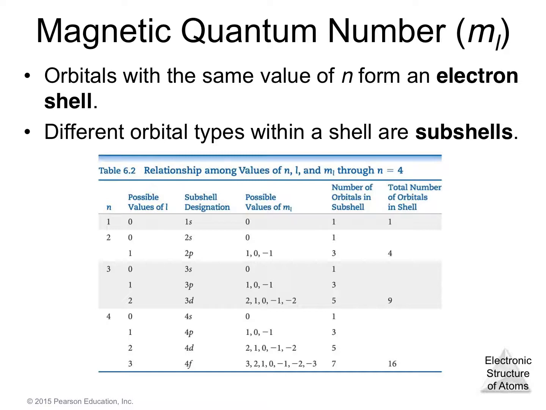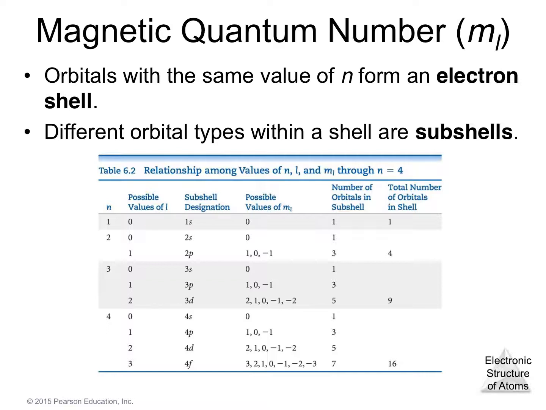M sub L, which is your magnetic quantum number, can go from -L to L. So if L is 0, M sub L must also be 0. If L is 1, M sub L could be 1, 0, or -1. If L is 3, M sub L could be 3, 2, 1, 0, -1, -2, or -3. Think a little about what this means.